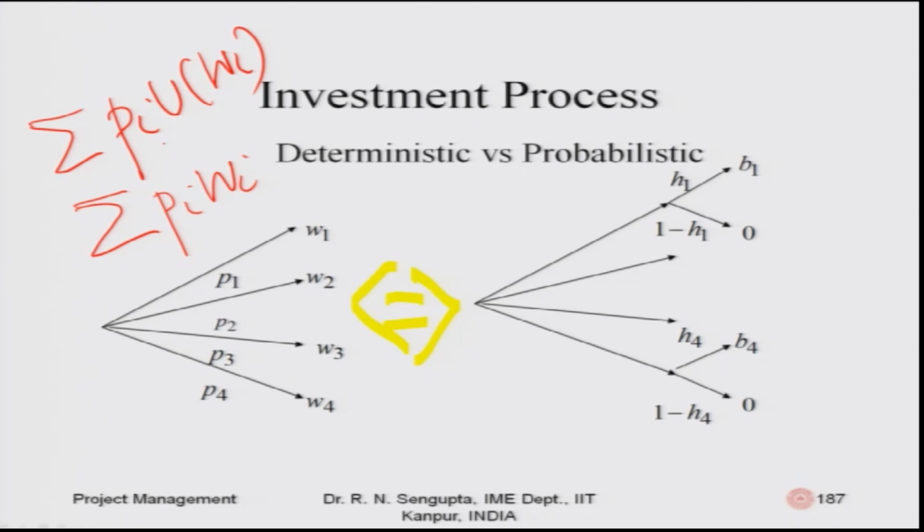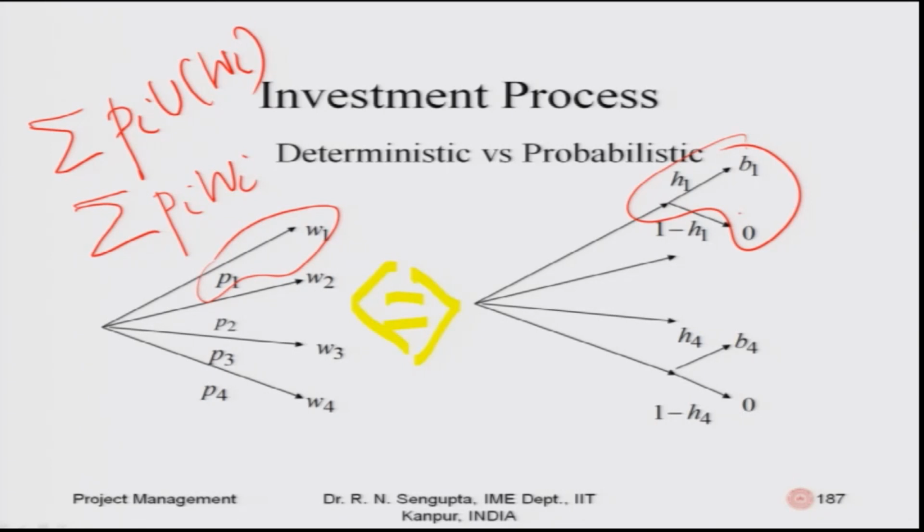In this case, what I am doing is that for each arm, that means the Pi into Wi, I am breaking them into a fair gamble and then trying to find out if the utility concept of the certainty value is equal. So, in this case, Bi into Hi plus 0 into 1 minus H1 should be exactly equal to P1 into W1, but again we are considering the B1 and zeros as the corresponding utilities based on which we are doing our calculations.